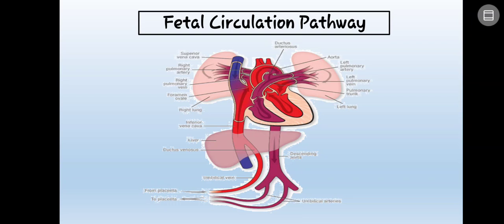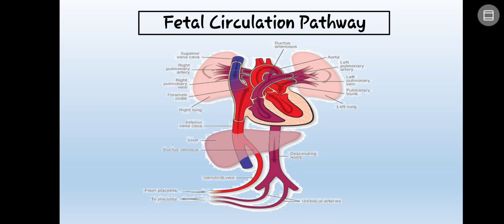Postnatally, most of these structures will eventually turn into ligaments. For example, the ductus venosus: after the umbilical cord has been cut, the blood flowing through the placenta will stop.